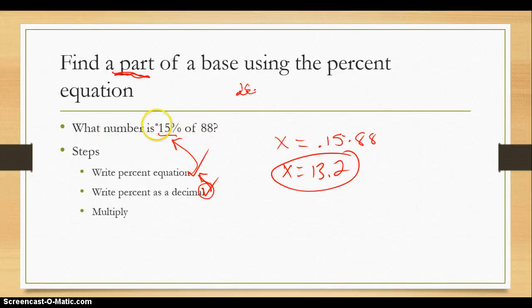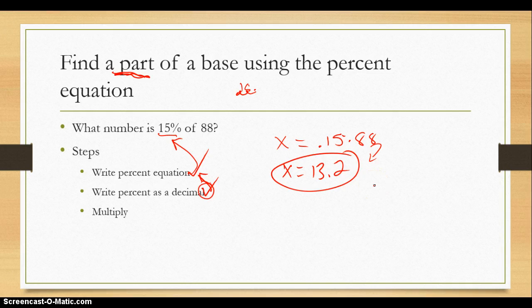When we think about 15%, I want you to try to think of a number in your head which would be around 15% of 88. Would it be close to 88? Would it be further away than 88? You have to have an idea in your head of what this number could look like. So when you solve it, you have to make sure that this answer makes sense.